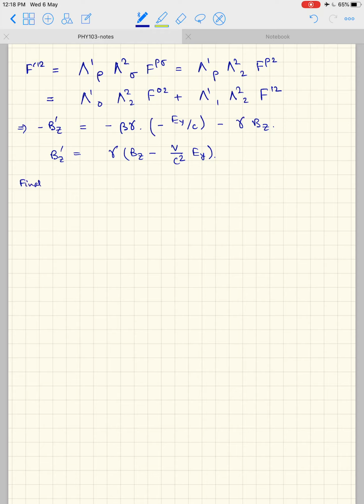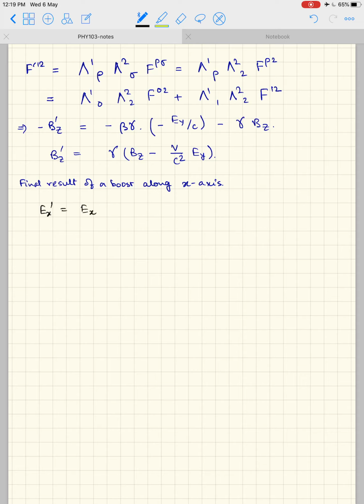result of a boost along x-axis is the following. So let's just write this down. So we saw this, Ex primed is equal to Ex.